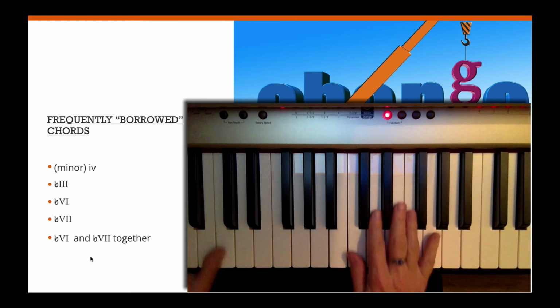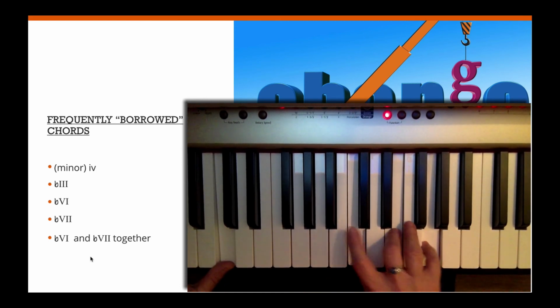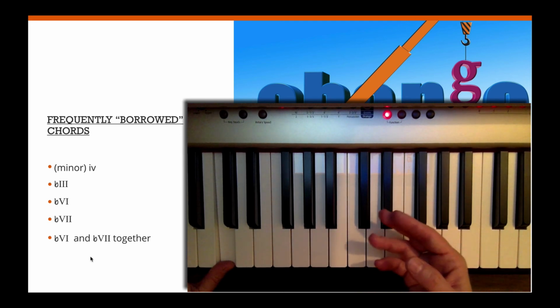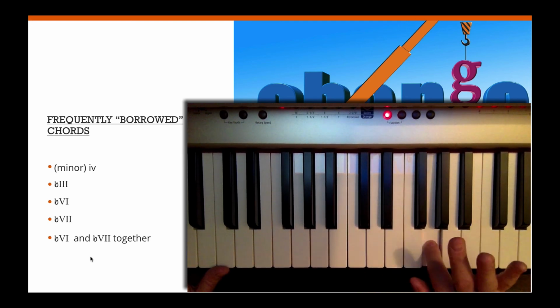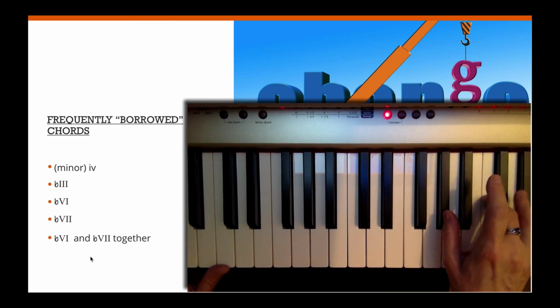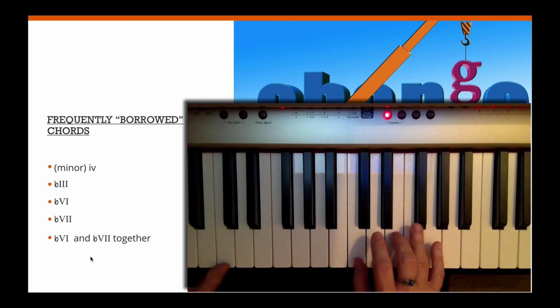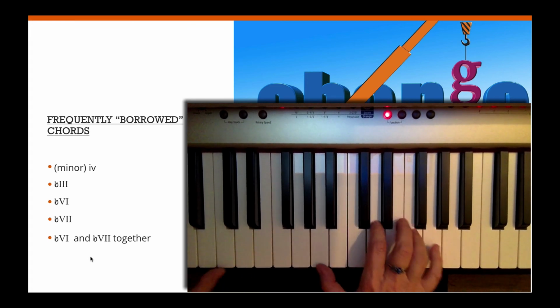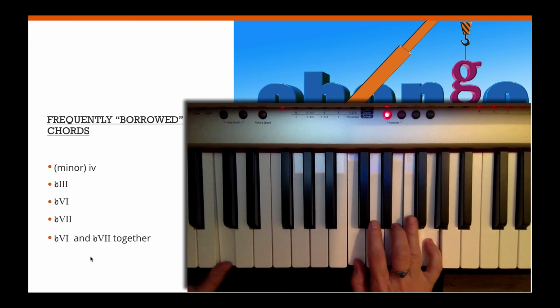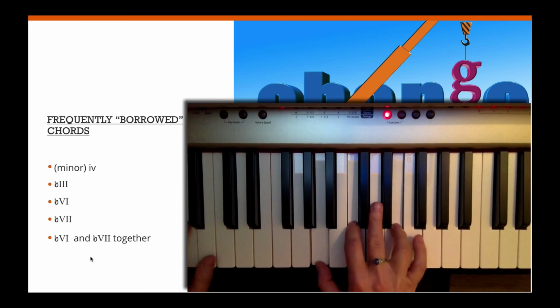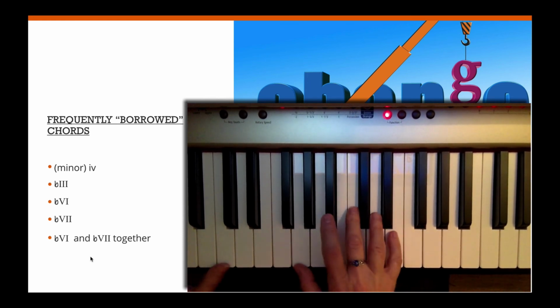So let's take a look at that. If I'm in the key of C again, and I'm going to borrow from parallel C minor, flat 6 is A flat, flat 7 is B flat major triads. So here we go. I'm just playing 1, 6 chord, 2, 5, 1.